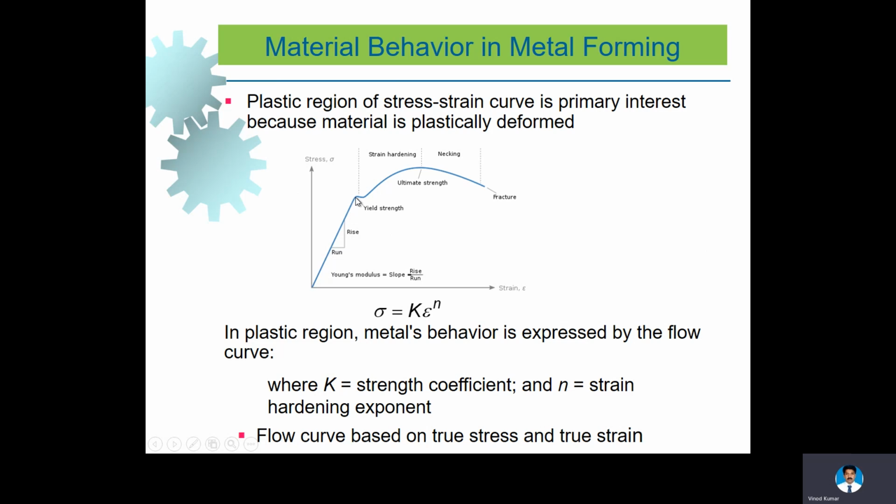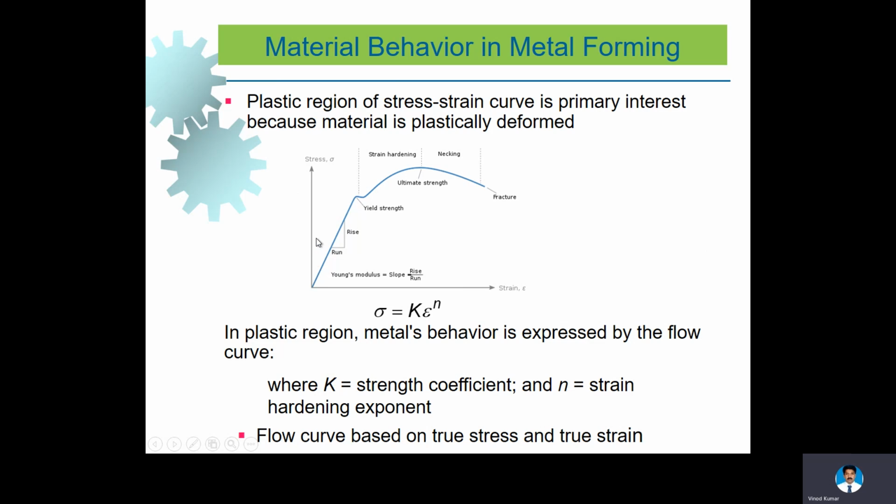But after the yield strength, if you apply more stress or tensile stress to the material, the material will undergo plastic deformation. So less stress is required for more deformation. Once you release the stress, the material cannot come back to its original state. So plastic deformation of the material takes place after the yield strength.